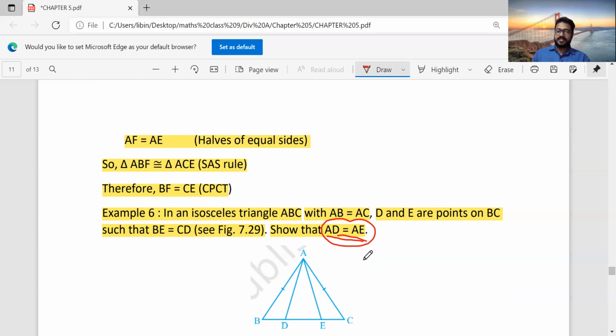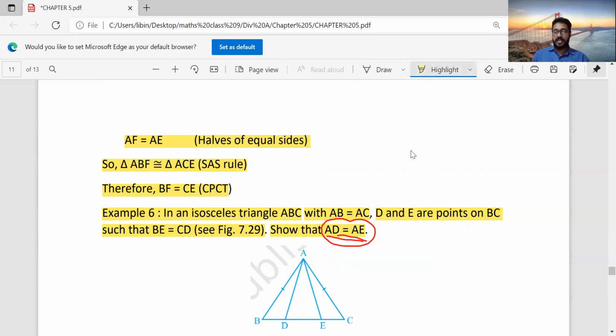Of course, there can be any triangle, but our priority should be we should be taking two triangles whereby we should be able to prove that these two triangles are congruent easily. Okay, I will say the triangles are ABD and ACE.